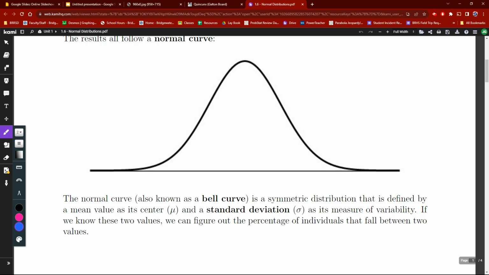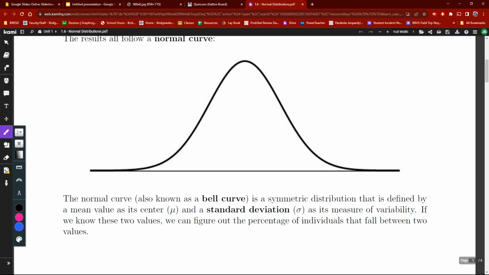And no matter what you're measuring, if it follows this normal distribution, those percentages are going to be highly accurate and are generally going to be correct for looking at the percentage of values that are between certain mile markers there.